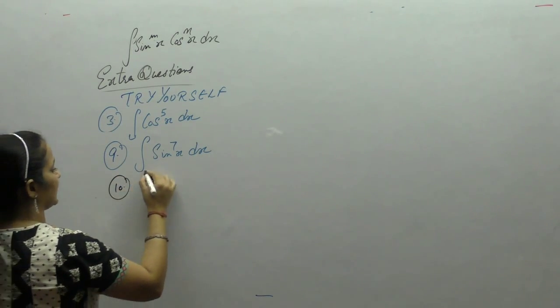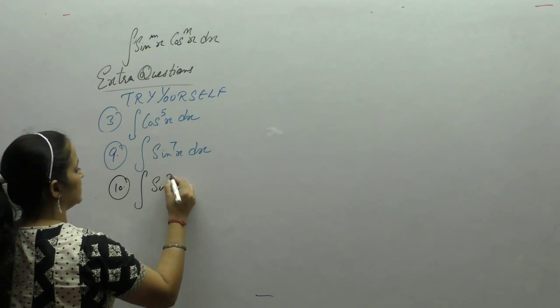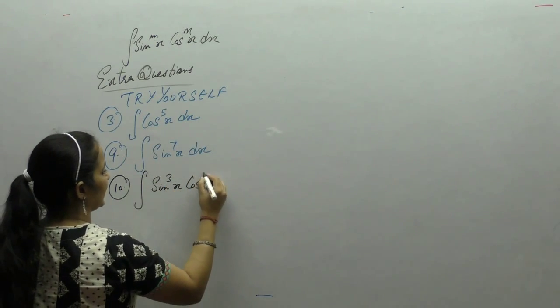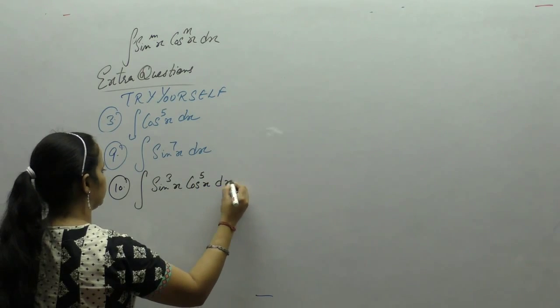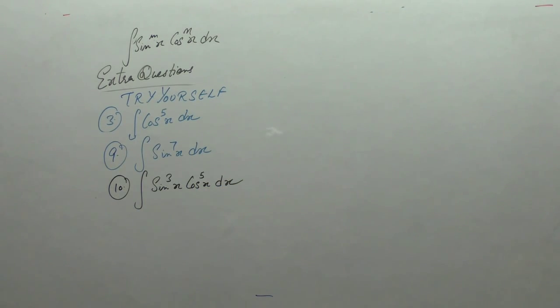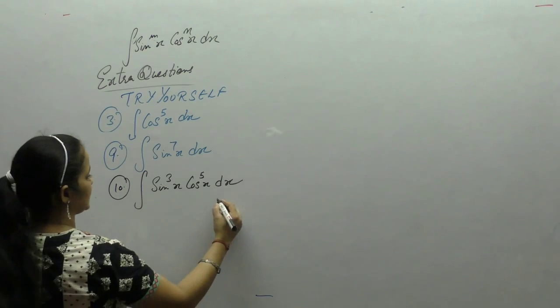Next is integral of sin cube x cos 5x dx. Here the power of sin and cos both are odd, so we can put either sin x as t or cos x as t. Put cos x as t.